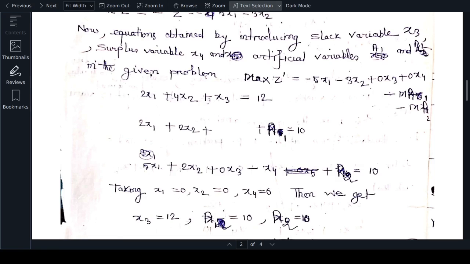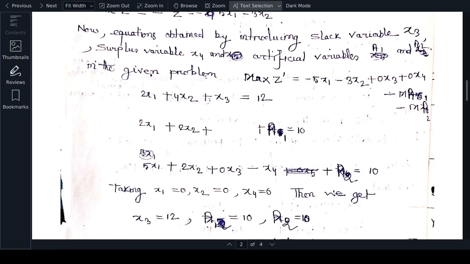Otherwise we cannot get the third column of the identity matrix. Can you get the third column of the identity matrix without using an artificial variable? No, sir. So we cannot get the identity matrix.